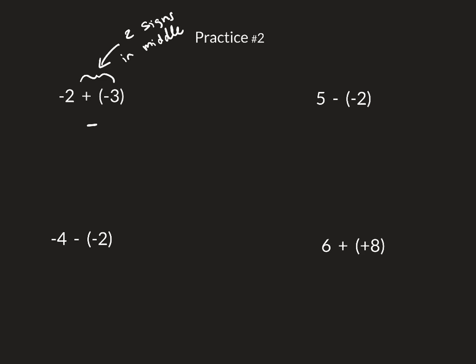For example, look here. You see how the two signs are both negative? Well, they combine to form a positive because they're the same. So the signs here are the same. They're both negatives in the middle, so they become a positive. What do you think happens here in this problem with those two signs in the middle?